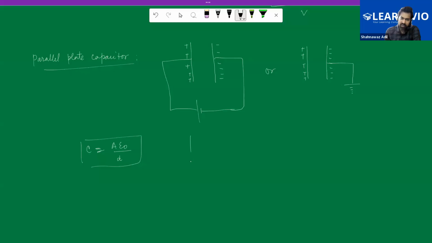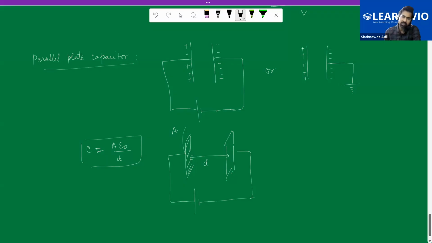Where A is the area of the plate, and d is the separation between the plates. And epsilon naught is there because it is dependent upon the medium. If this is air, so this is A epsilon naught by d in air.